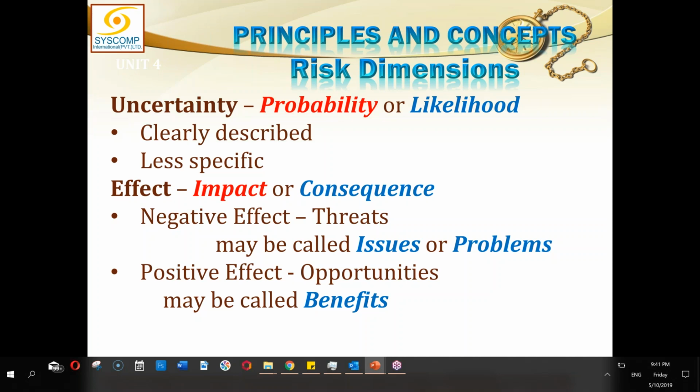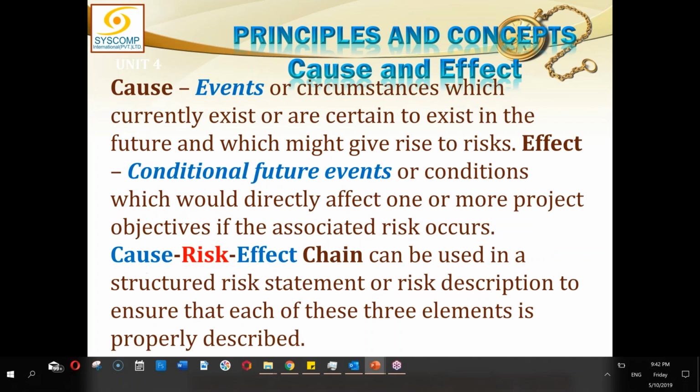Similarly, the positive risk, when it materializes, turns into benefits. So risk is risk until and unless it happens. As soon as it happens, the negative risk turns into issues or problems, and the positive risk, which is opportunity, turns into benefits.